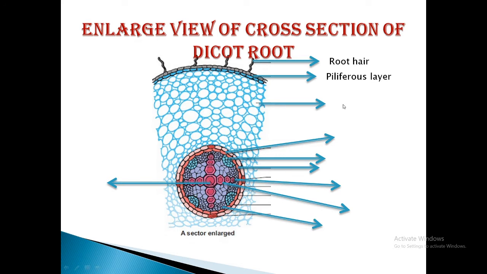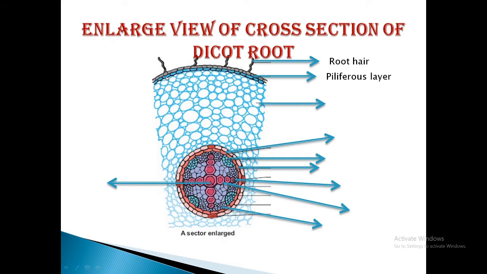This piliferous layer consists of closely packed elongated cells with thin walls that usually lack cuticle. What is cuticle? Cuticle means this epidermal layer is covered by another layer that is known as the cuticle. This piliferous layer is also known as the rhizodermis or epiblema.